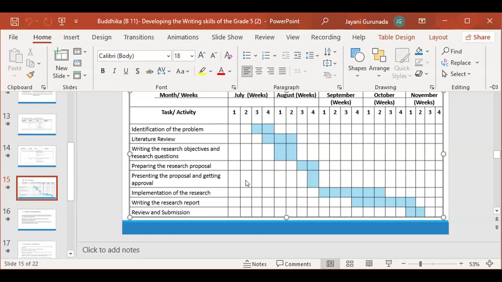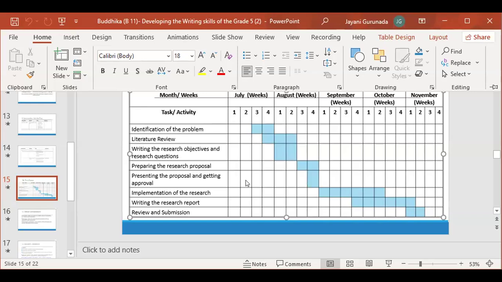Any other thing that you want to get clarified? Ask now. For the Gantt chart, you can have more than this.